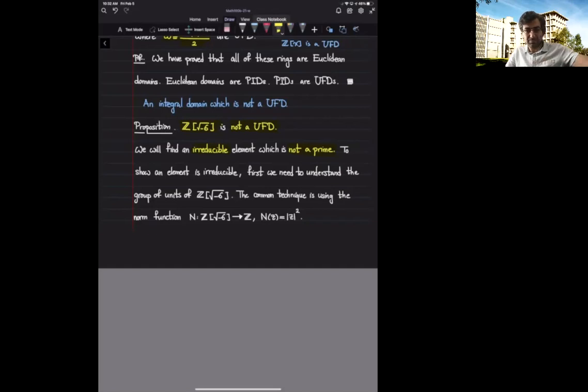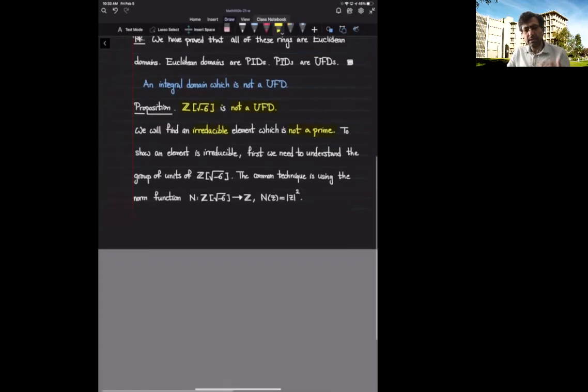Because either the existence part fails, or if it doesn't fail, because of the proposition that we had, a ring that satisfies the existence part is a UFD precisely when every irreducible element is prime. So if I manage to find an irreducible element which is not prime, the ring cannot be a UFD.